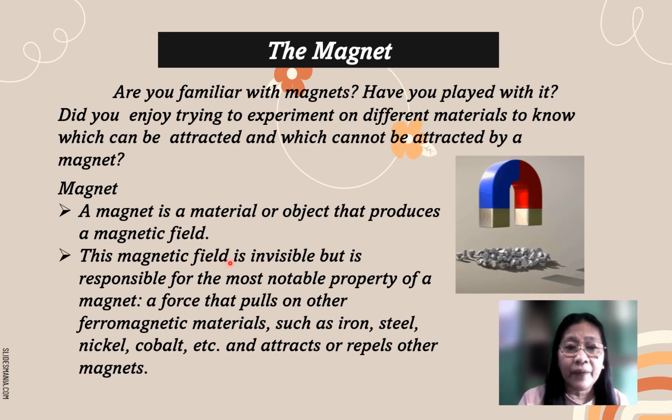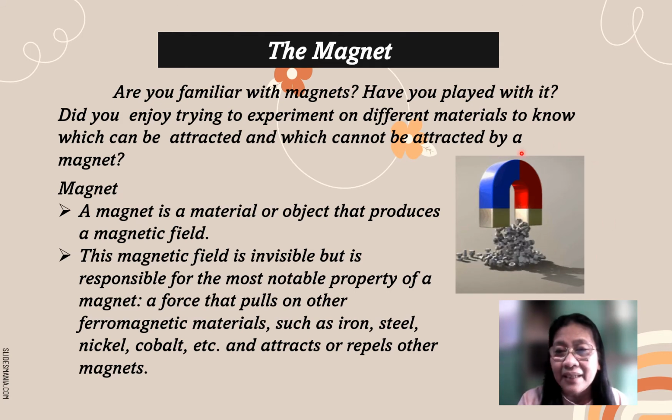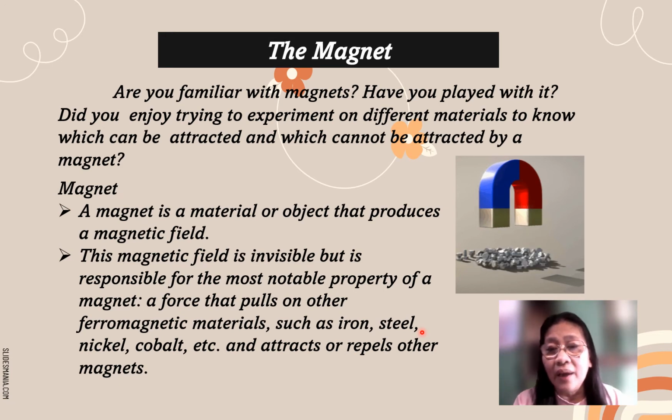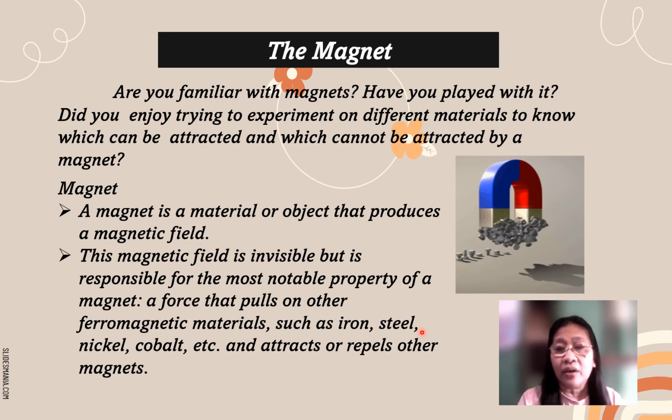So the magnetic field of a magnet is invisible, but is responsible for the most notable property of a magnet. So, ang nakapaligid daw sa isang magnet na tinatawag na magnetic field is the one responsible to attract or to repel materials.